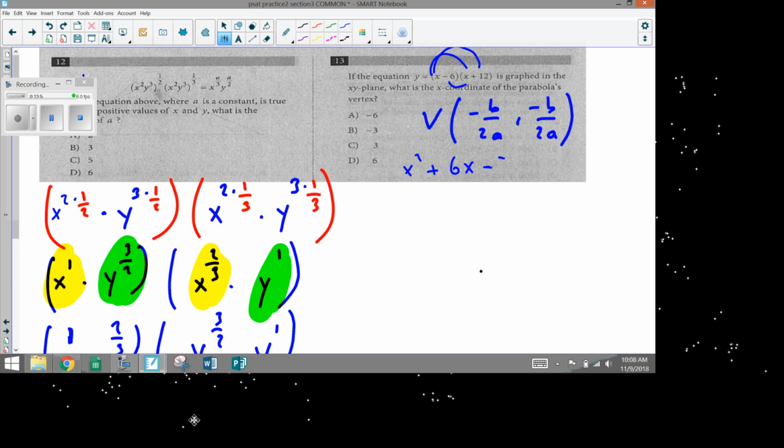Minus 72. Okay, I just skipped one step. If you're confused, it's going to be x squared plus 12x minus 6x. Plus 12x minus 6x makes 6x. This is correct. So negative 6 times 12 is equal to negative 72.